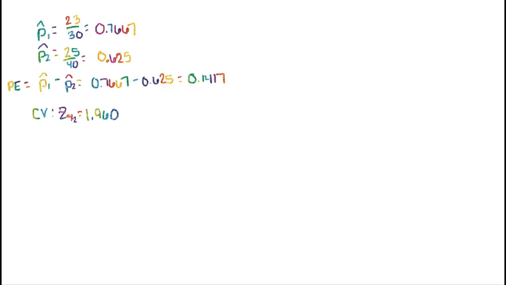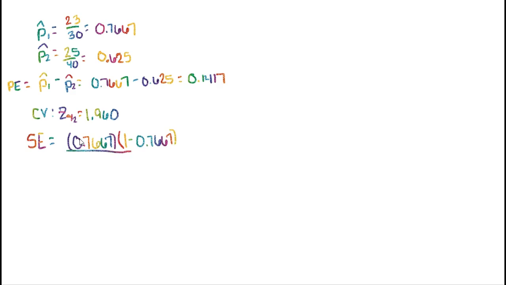All right, so let's take a look at what this is going to be. The standard error is going to be, it's not 1, it's P1, sorry. So it's 0.7667 times 1 minus 0.7667.